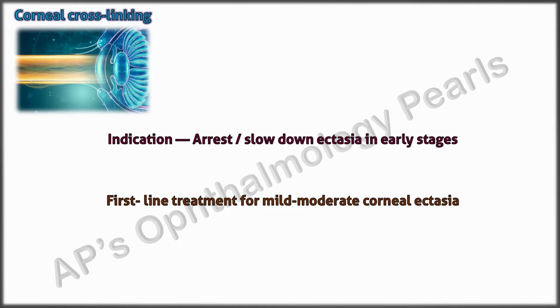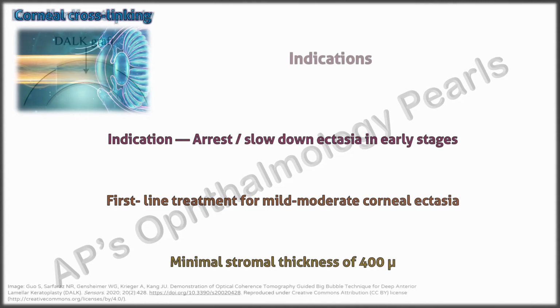In the left eye, the keratoconus is mild, but with normal vision, considering his age and no evidence of progression, there is no indication even in the left eye. A minimal stromal thickness of 400 microns after epithelial removal is recommended to avoid ultraviolet light-induced corneal endothelial damage. The very low pachymetry reading in our patient is a contraindication for this procedure.